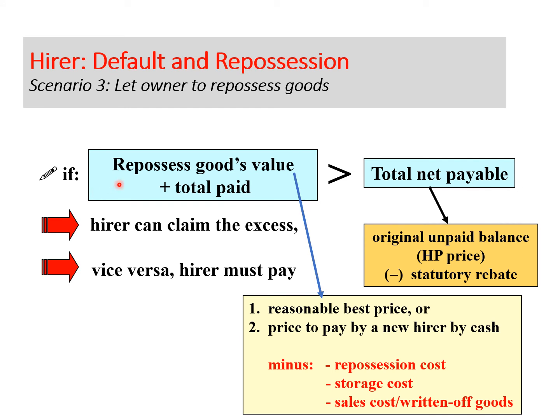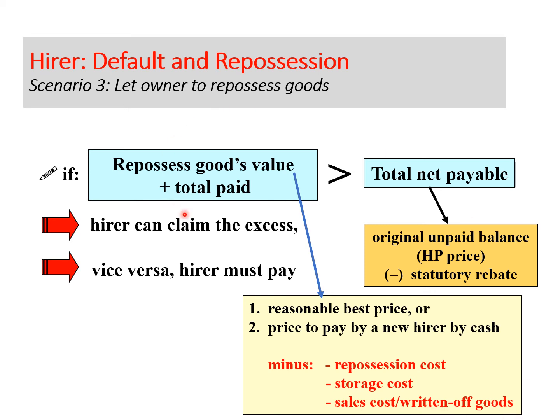For the repossessed goods value, you will have to take the best price that is offered by the owner or the price to be paid by a new hirer by cash. Either of these two prices, then you minus this price with the repossession costs, the storage cost, and also the sales cost or the return of goods.